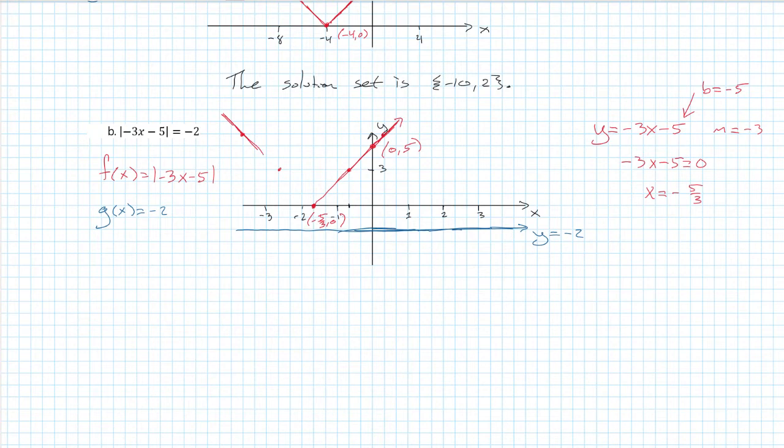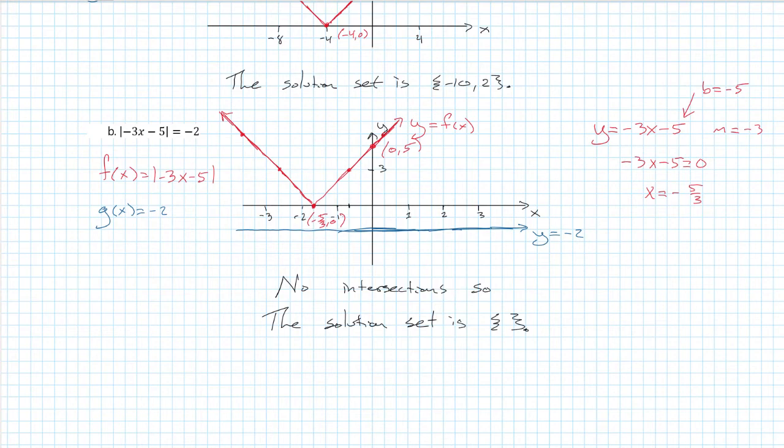There we go. Draw our line down through these points down to that vertex at -5/3, 0, that x-intercept. I'll label this as y equals f of x. And I will note that there are no intersections. So the solution set is the empty set. There are no solutions, right?